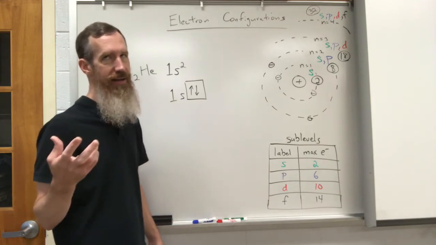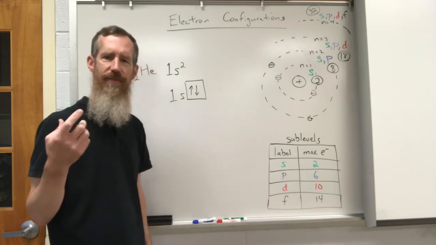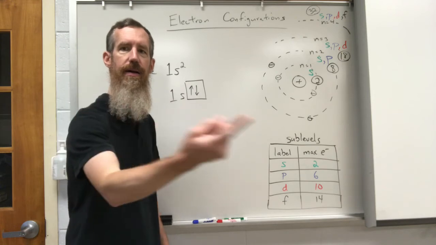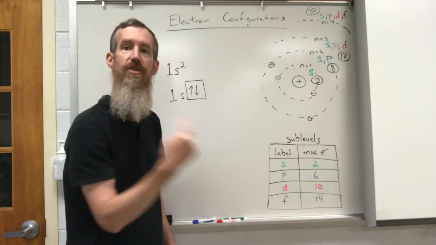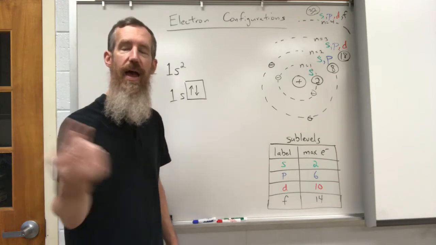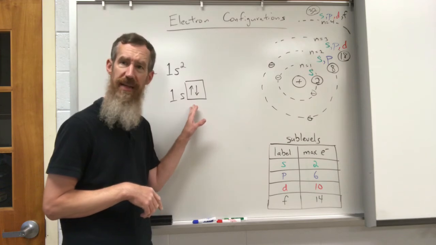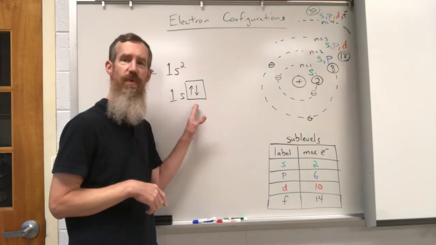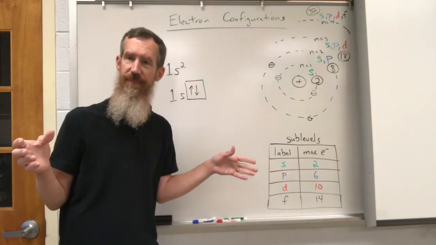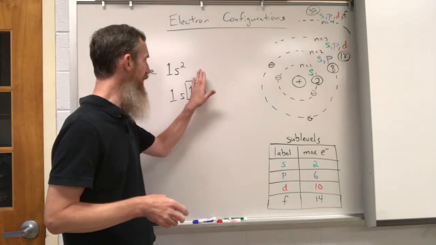This is a bit of a lie, but think about it this way. If I spin something, I can spin it this way, or I can spin it in the reverse way. There's two ways to spin it. And all this is saying is that if two electrons coexist together in the same place, one has to spin one way and one has to spin the other way, so it can be balanced. Now again, as we saw in hydrogen, sometimes you're not paired.